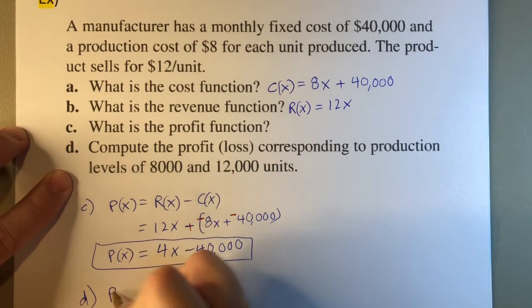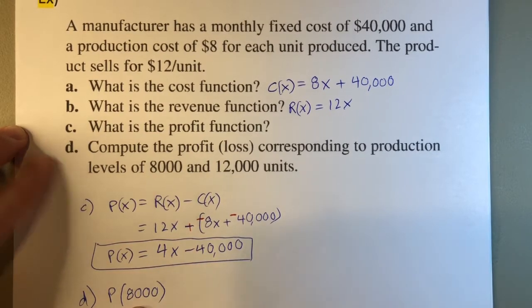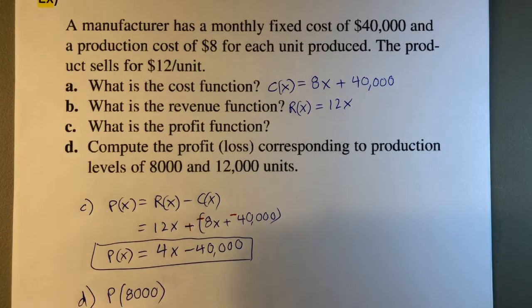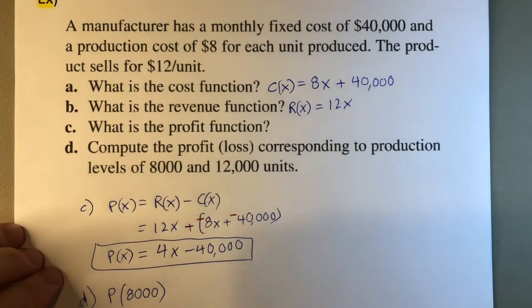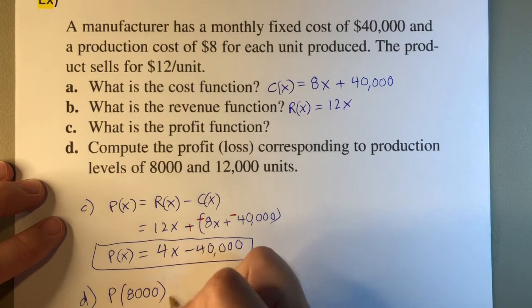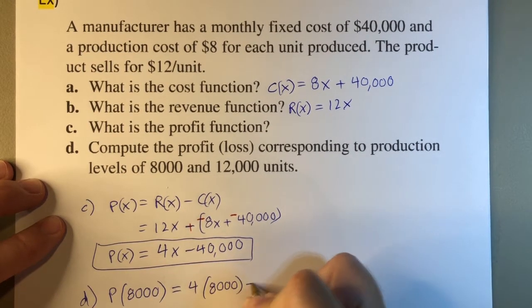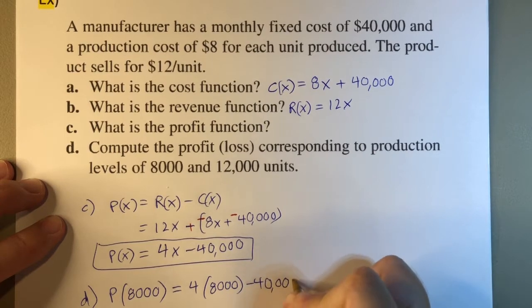So all we have to do for letter D is, first of all, look at how much profit we will have, or will not have, with the production level or sales of 8,000 units. That just means you replace every X with 8,000. And what do we get?